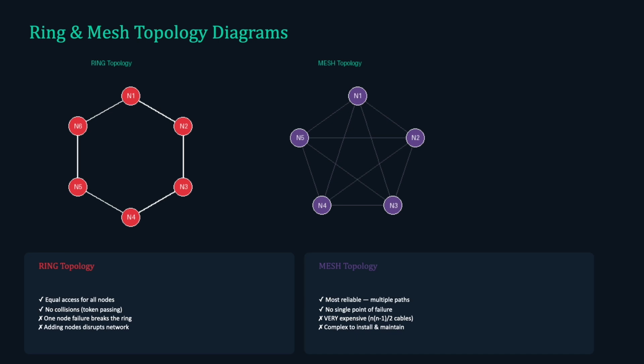Advantage: most reliable. Multiple paths mean no single point of failure. Disadvantage: extremely expensive. For n nodes you need n times n minus 1, divided by 2 cables. For just 5 nodes, that is 10 cables.